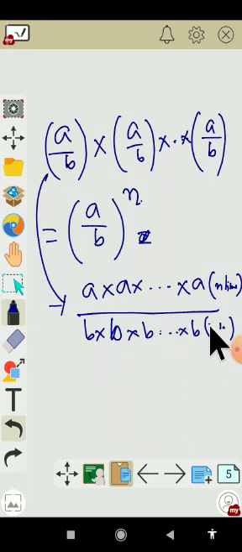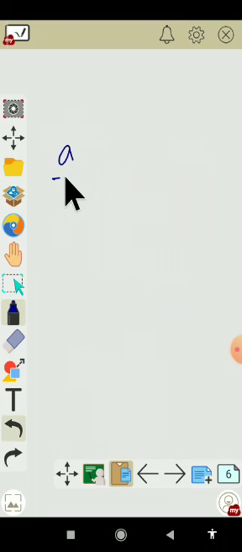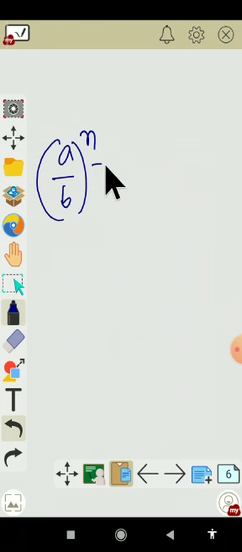So it is possible to write a to the power n by b to the power n. That means a by b to the power n equals a to the power n by b to the power n.